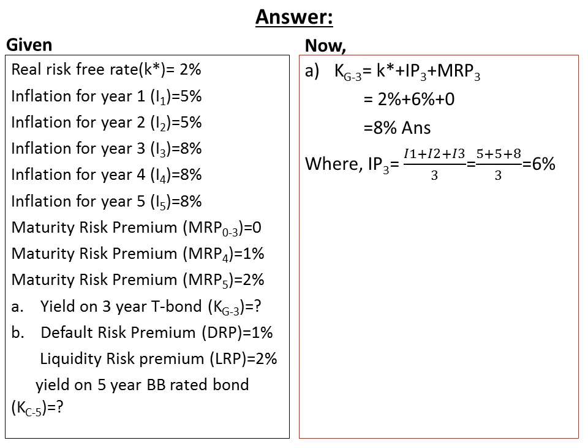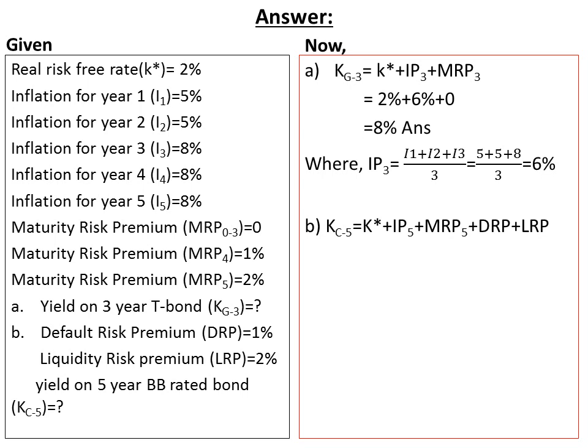Now go ahead, the B number question. The B number question is the yield on a 5-year BB rated bond, that is KC5 equal to what? We know that KC5 equal to K star plus IP5 plus MRP5 plus DRP plus LRP.